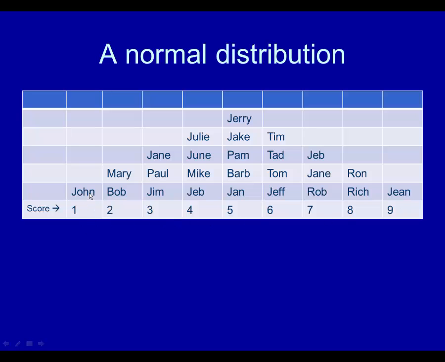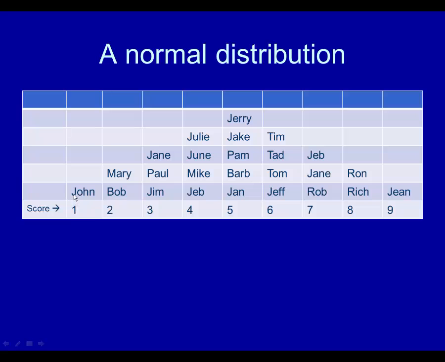John had the lowest score for self-esteem, 1, and he was the only person who had a score way down there. 2 people, Mary and Bob, had a score of 2. 3 people had a score of 3, 4 people had a score of 4, 5 people had a score of 5, 4 people had a score of 6, 3 a score of 7, 2 a score of 8, and 1 person had a score of 9, the very highest possible score.